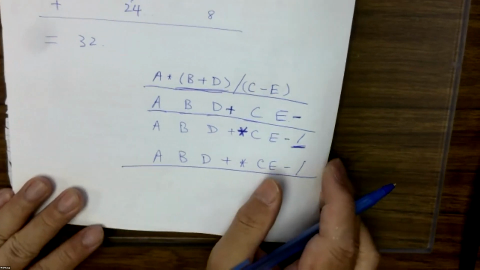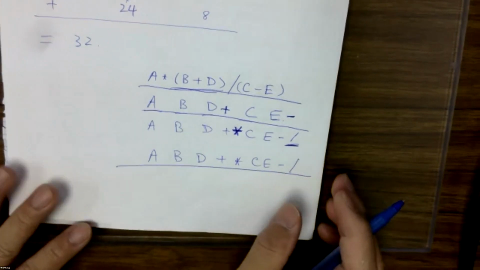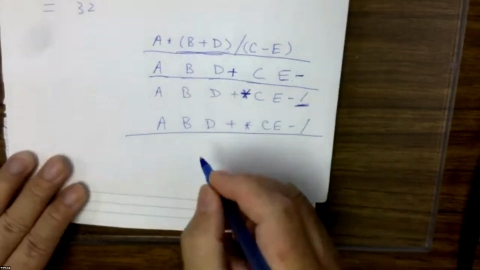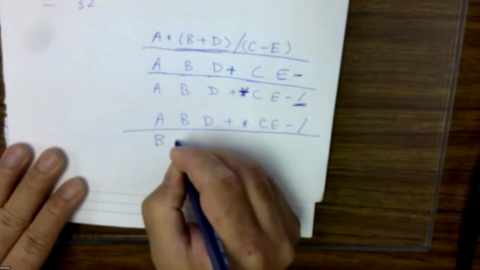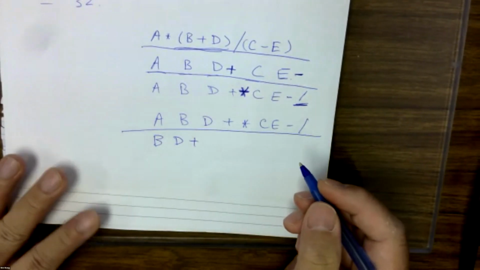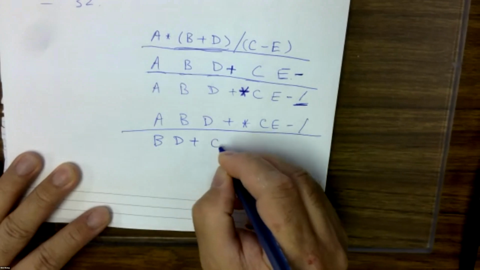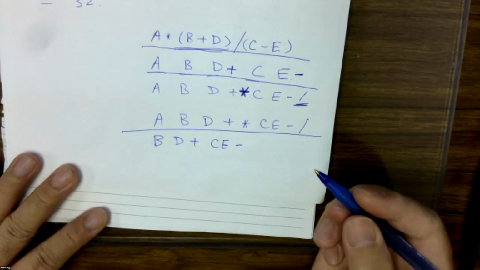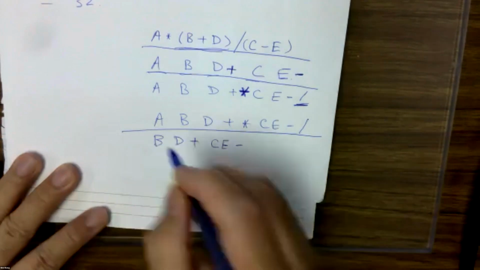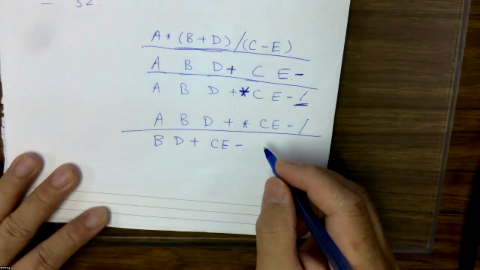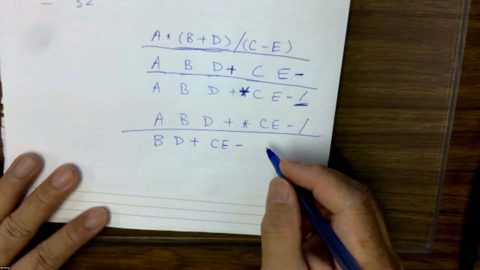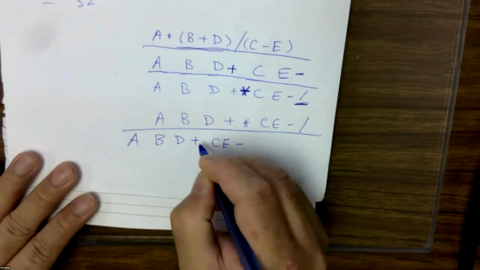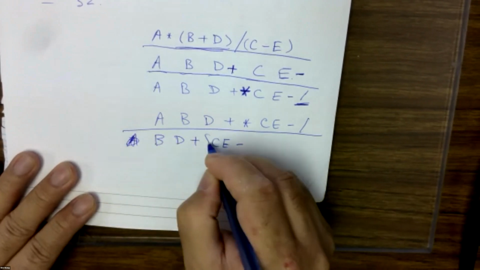I suppose ACSL should accept that result, which is basically you do B plus D first, and then you do C minus E. And then you do A times, hold on.